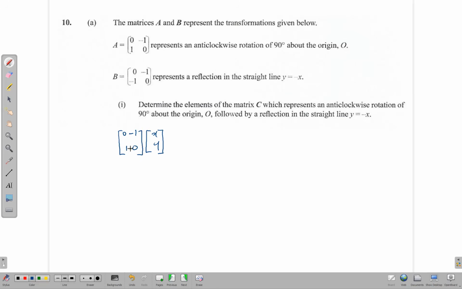After that is done, it will be followed by a reflection in the straight line y equals negative x, which means that we're going to use this matrix [0, -1; -1, 0].